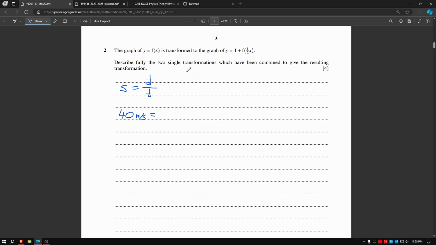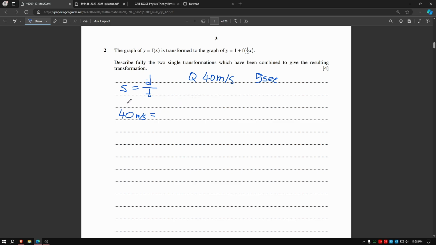Now let's just assume a question. The question says a car is going at 40 meters per second and it traveled at that speed for 5 seconds. Now find out how far it went. What is the distance it traveled?